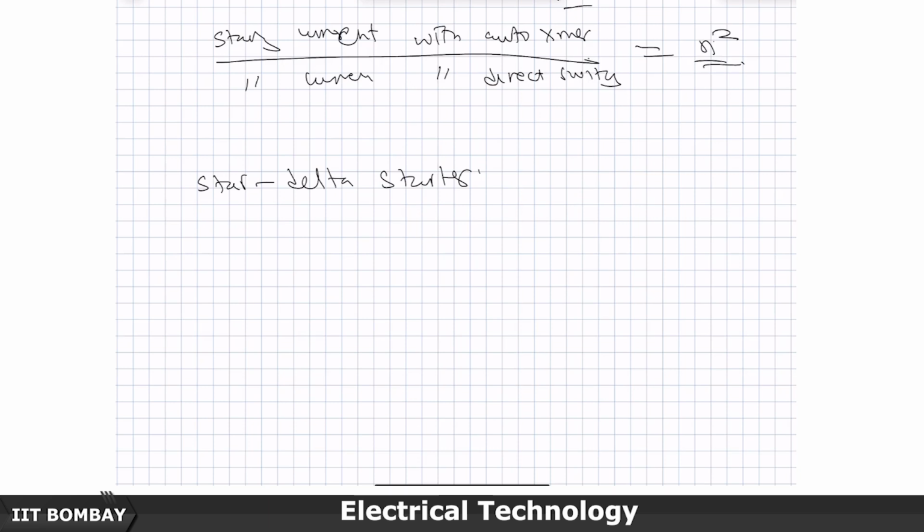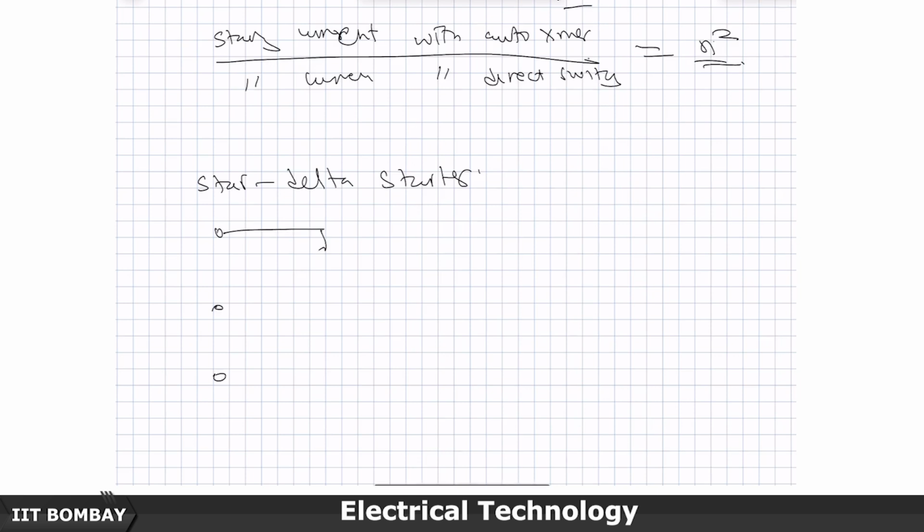So all 6 points are there. When you start the machine, these 3 stator windings are connected in the star configuration, and once the machine has started, it is moved into delta configuration. The supply voltage is the same.